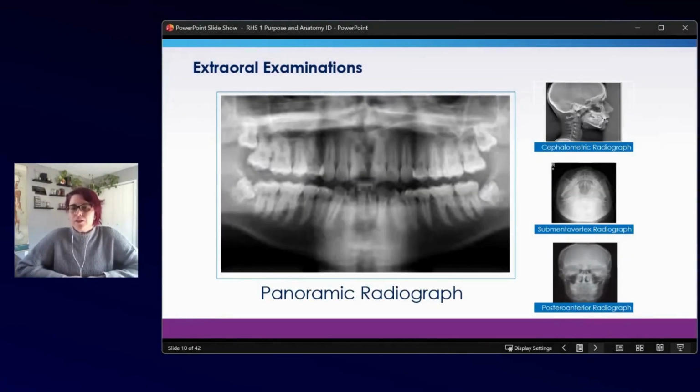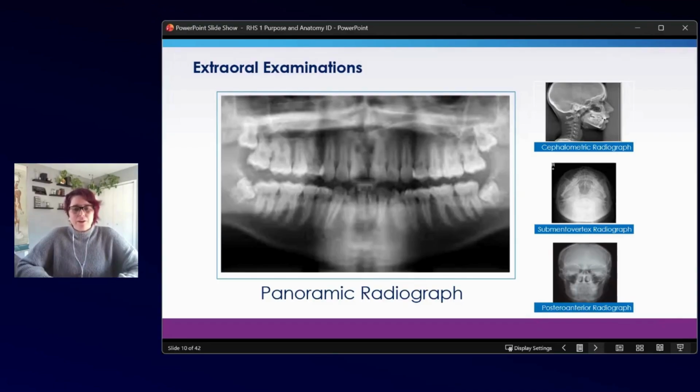In addition to our intraoral radiographs, or radiographs that are taken inside the mouth, we also have what are called extraoral examinations. Extraoral means outside the oral cavity. So these radiographic exams are taken on receptors that are outside of the oral cavity. The most common one you'll see is a panoramic radiograph, which is the larger picture on this slide.